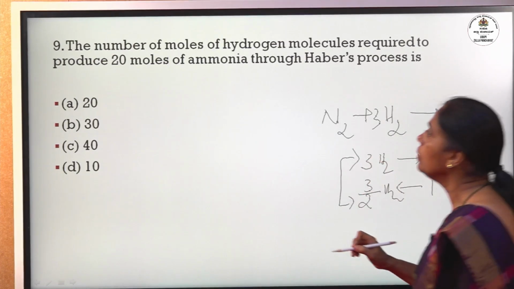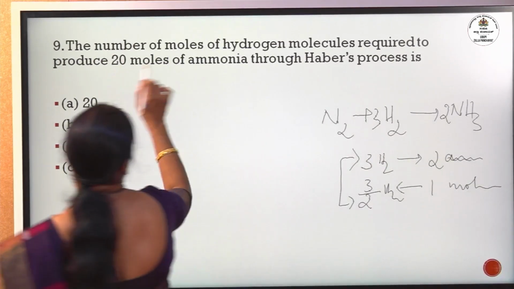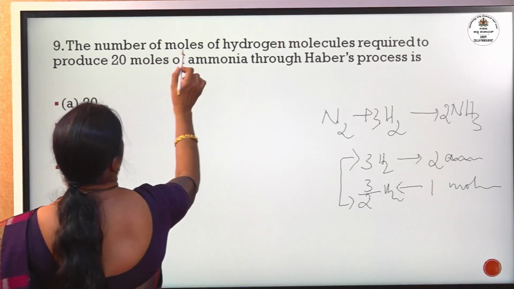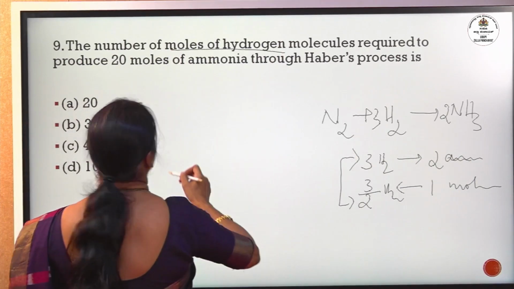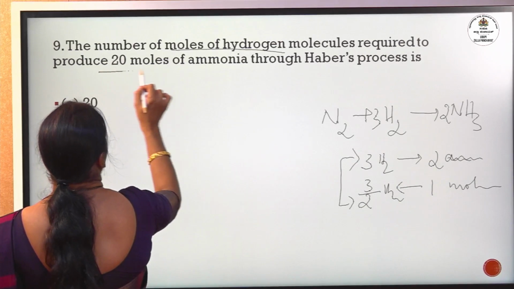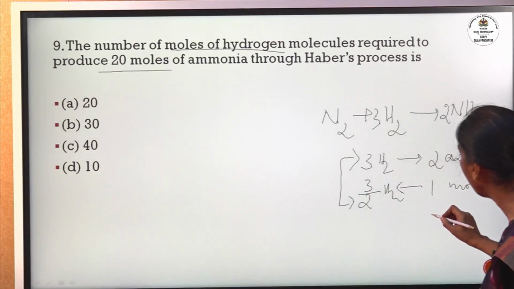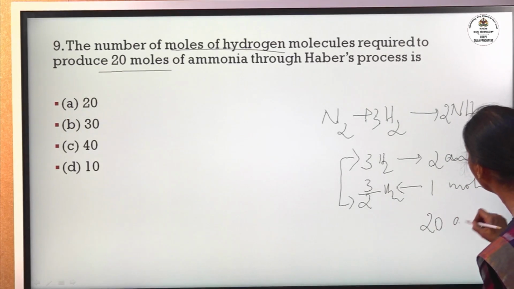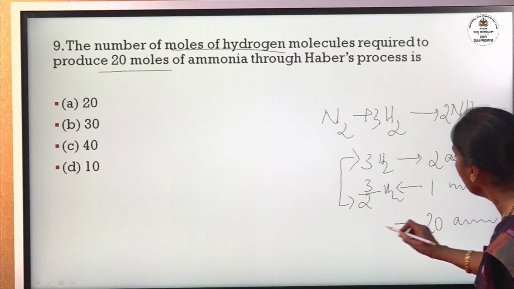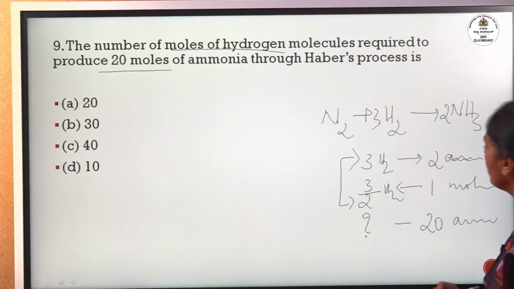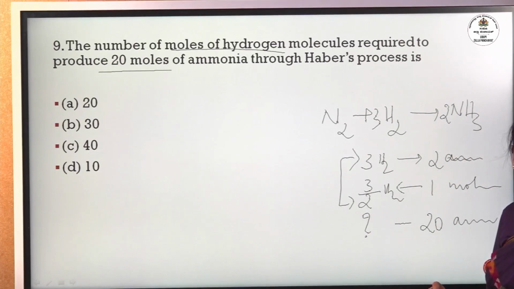Now the question is, the number of moles of hydrogen required to produce 20 moles of ammonia. We want to prepare 20 moles of ammonia. How many moles of hydrogen are required?